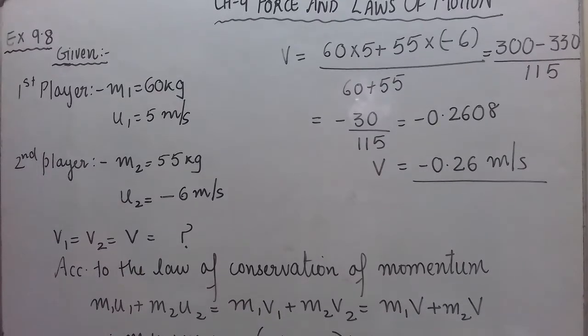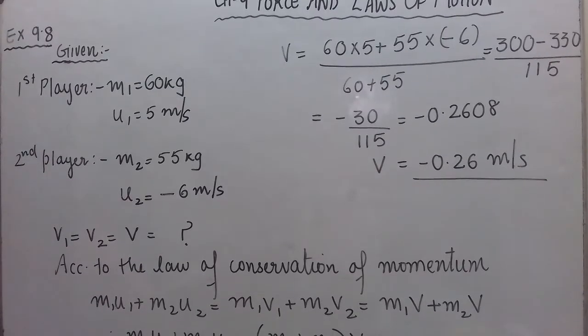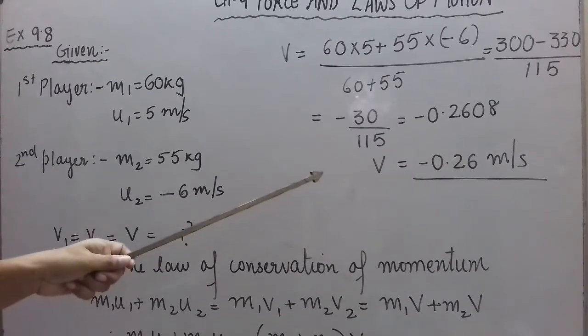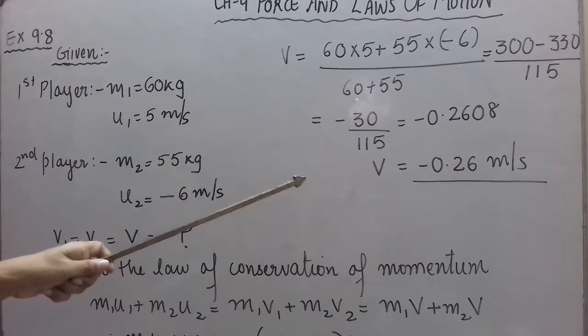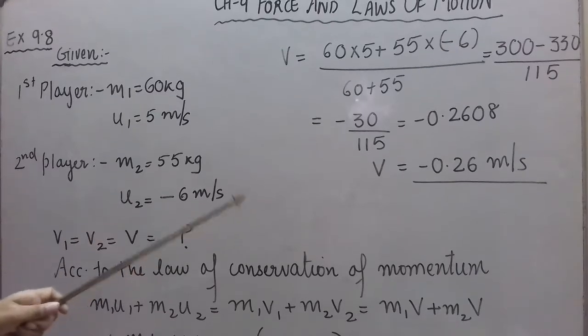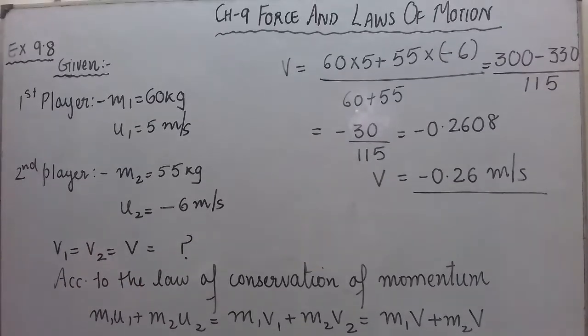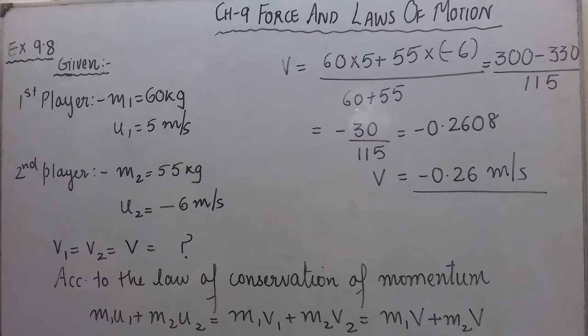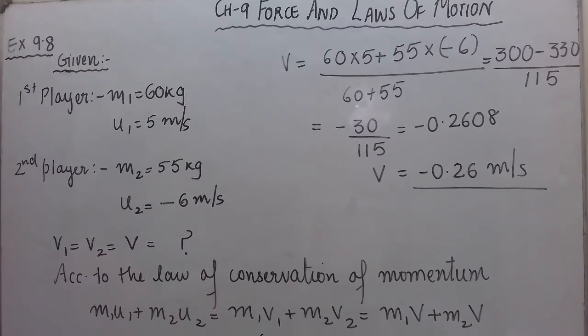Remember, even if they had not asked in the question, still we are supposed to write a sentence related to why this negative sign is there in the answer. But here they have asked also in which direction and with what velocity will they move after they become entangled.